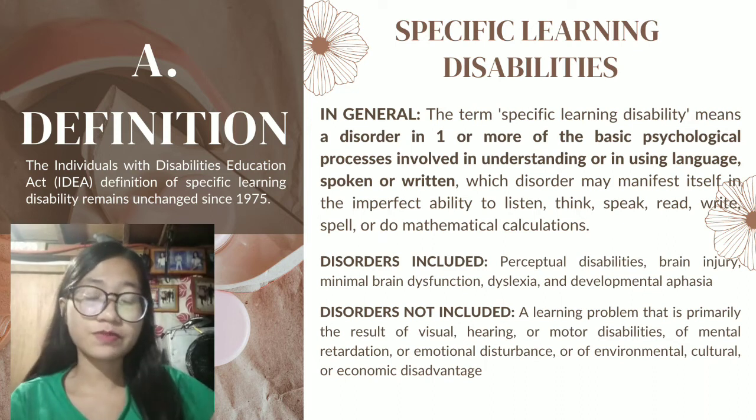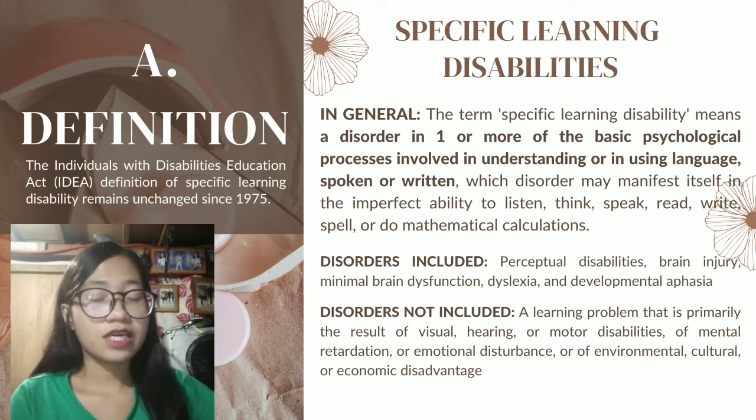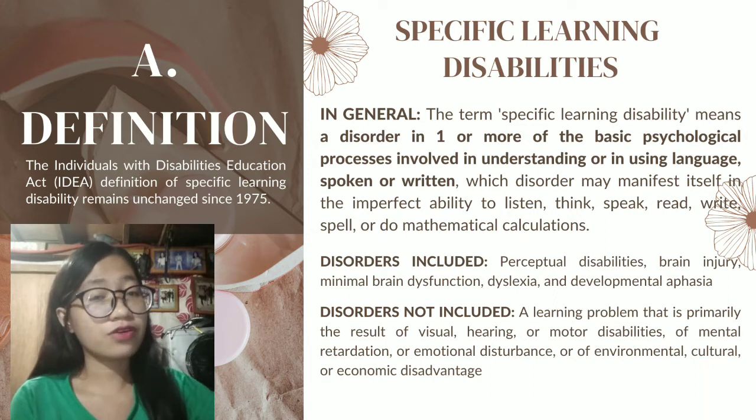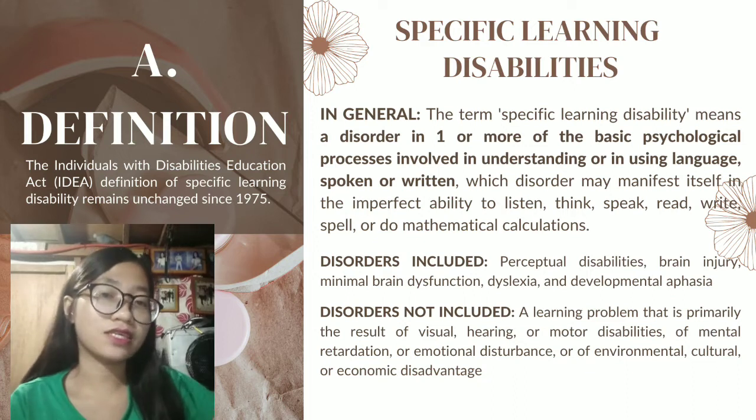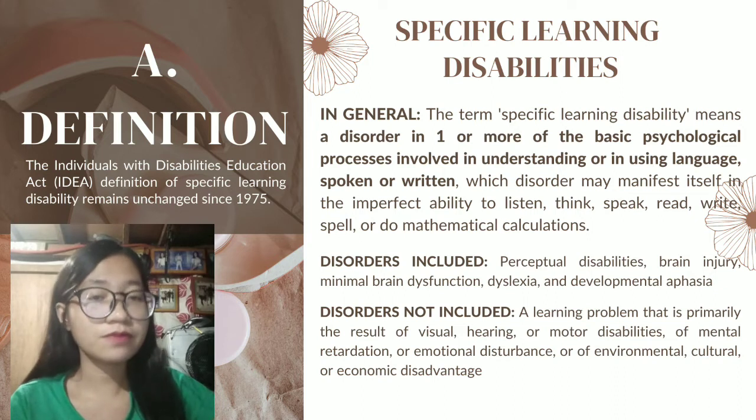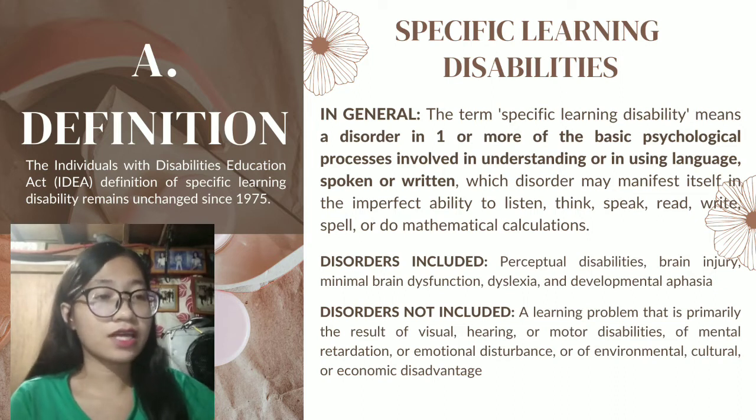So the term specific learning disabilities is an umbrella term which describes other types of learning difficulties, such as difficulties in reading, difficulties in written expression, and difficulties in mathematical calculations.